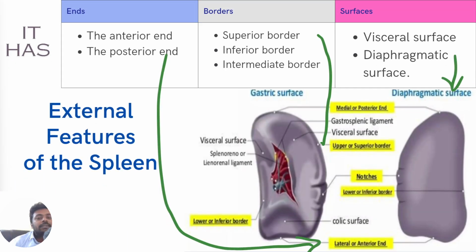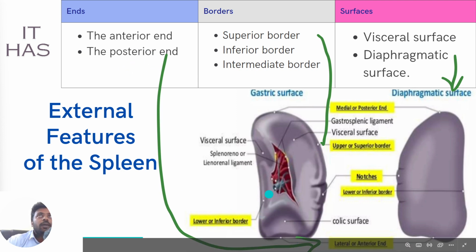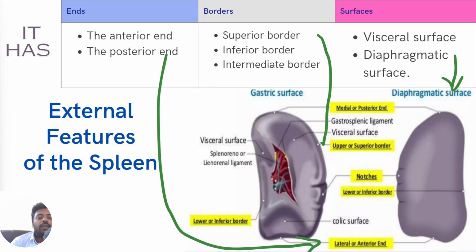So coming to the external features of the spleen, these are very important. The spleen has two ends, three borders and two surfaces. Let's discuss the ends of the spleen. This is the anterior end, which is expanded and is more like a border.